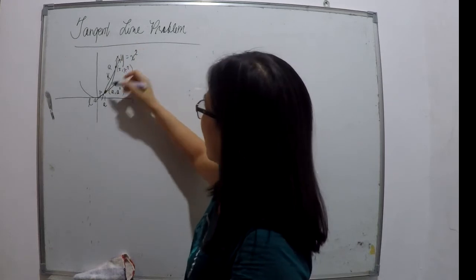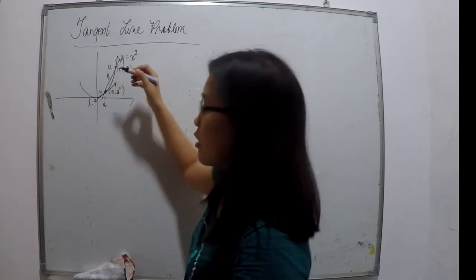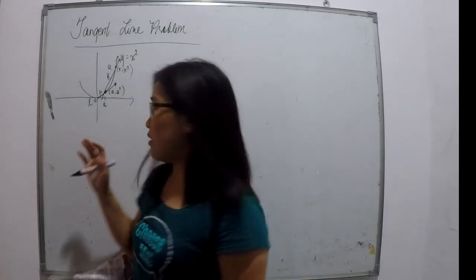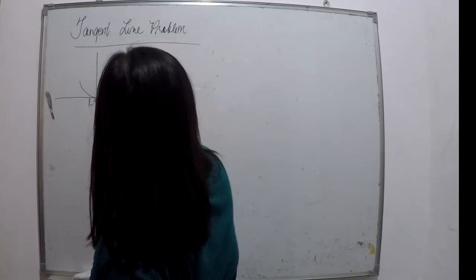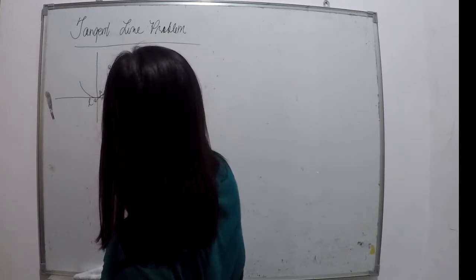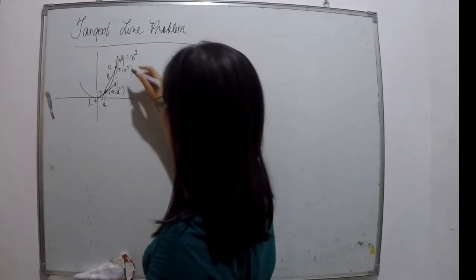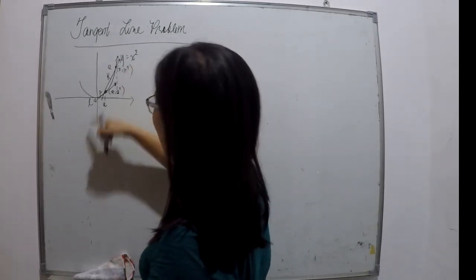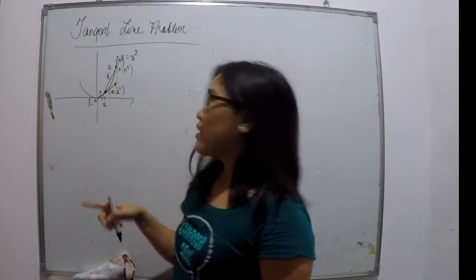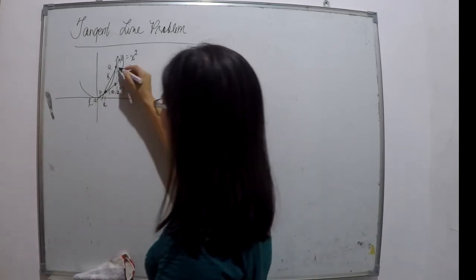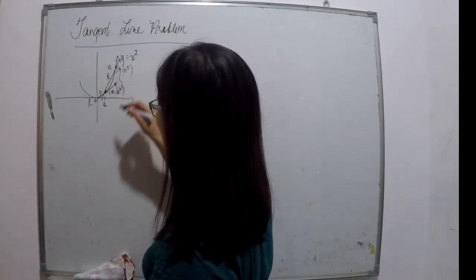Take note, from point P to Q, we can form a right triangle. From the right triangle, we can now compute the slope of the secant line. What's the slope of the secant line?